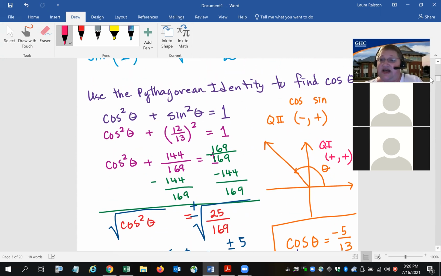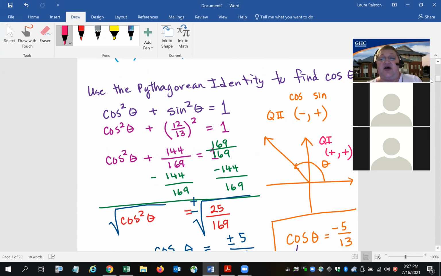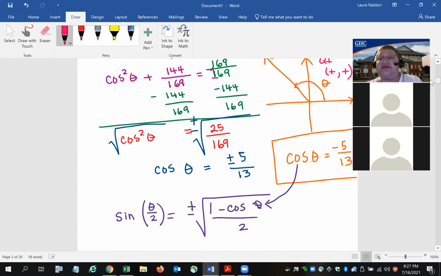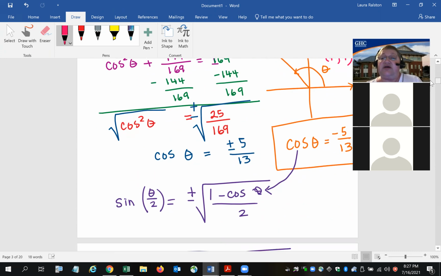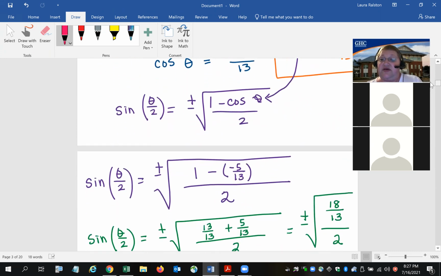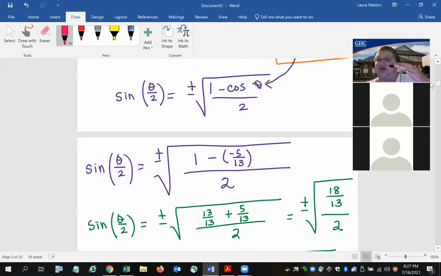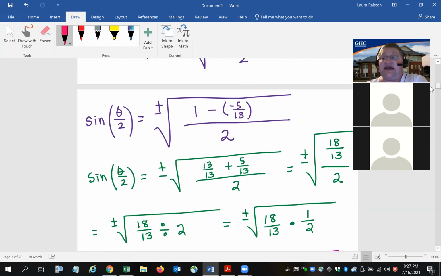I've been doing this a long time. If you need to get the calculator to square 12 over 13, get the calculator. Don't make careless errors because you didn't want to get the calculator out. But you have to do it step by step.